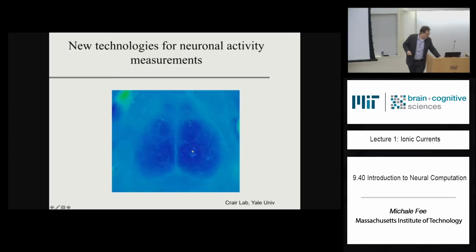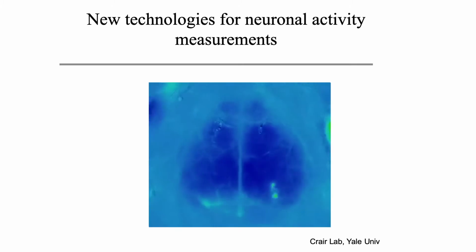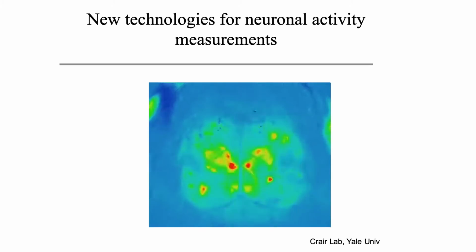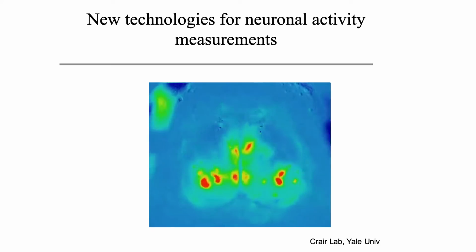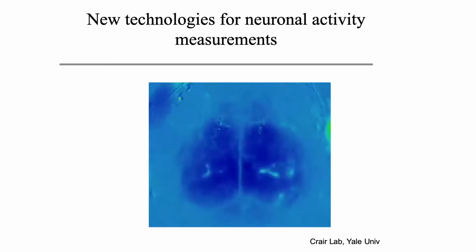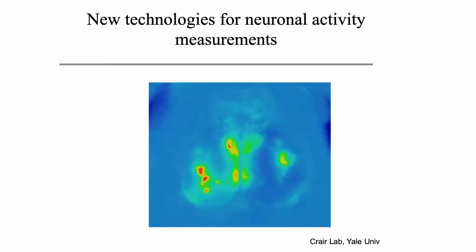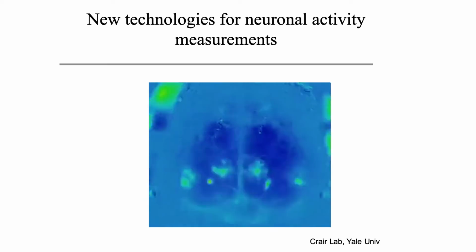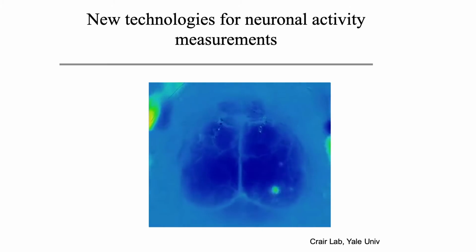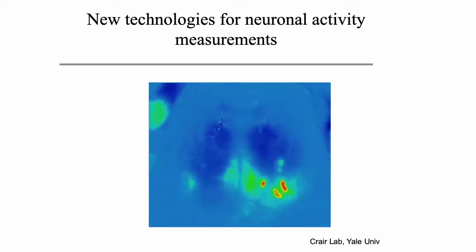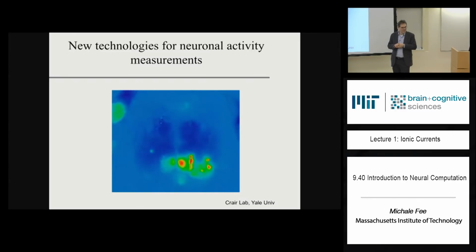Let me just show you what this looks like. This is a mouse that has a fluorescent protein that's sensitive to neural activity. When neurons in a part of the brain become active, they become fluorescent and light up. Here's the top surface of the mouse's brain, and you can see this spontaneous activity flickering around as this mouse is just dreaming and thinking about whatever it's thinking about, okay?